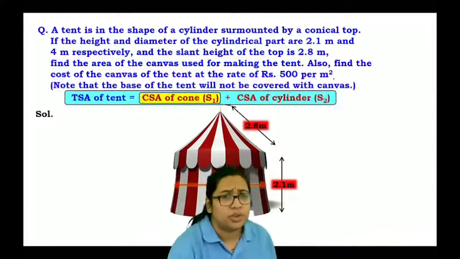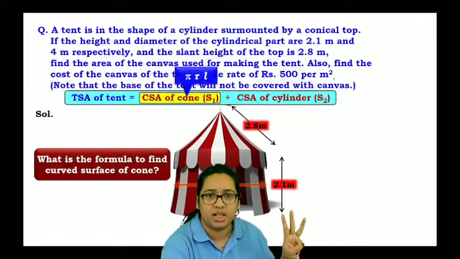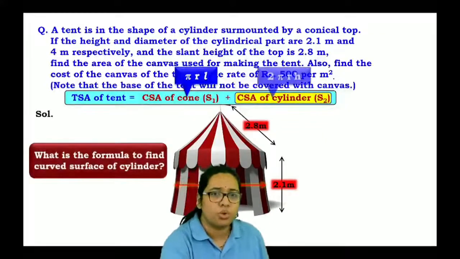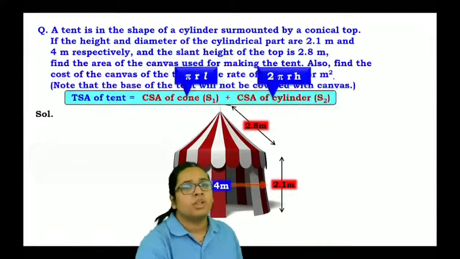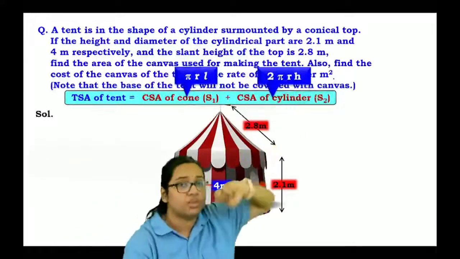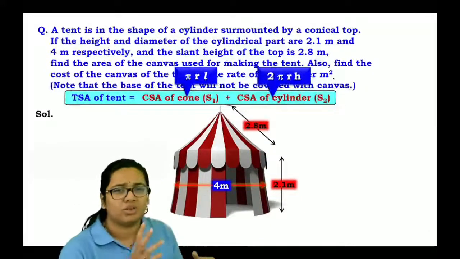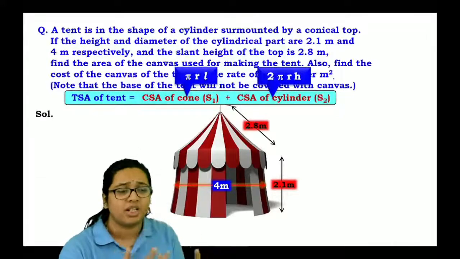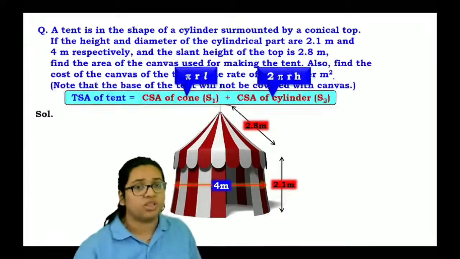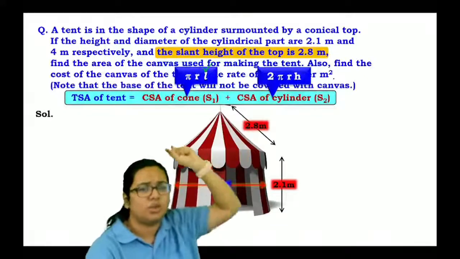So for that, we know that the curved surface area for the cone is nothing but pi r l and the curved surface area for the cylinder is nothing but 2 times pi r h. So you have the value of L, you have the value of H as well. You can put pi as 22 upon 7, because you can see all the values are 2.1, 2.8, so you can easily simplify with this 22 upon 7. The only part is that we have to find out the value of R.